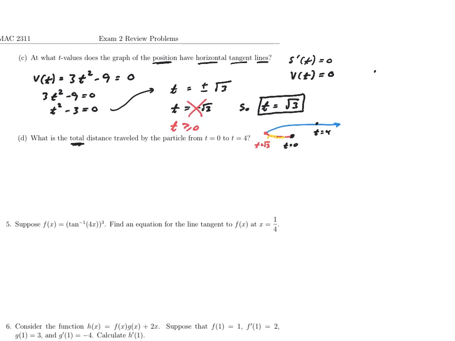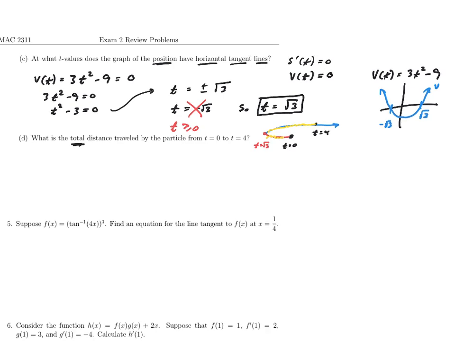Well, if you look at the velocity function, this is a very simple 3t squared minus 9. This is a simple parabola, and this is what the velocity looks like, right? You have square root of 3, negative square root of 3. So we know that, and again this is the velocity, the position is moving backwards from 0 to square root of 3 and then forward from square root of 3 to 4.